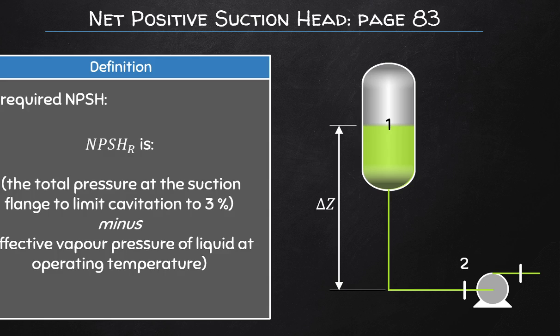So what of the requirement for a net positive suction head? I have a required net positive suction head for a pump. This is usually taken as the total pressure at the suction flange that limits cavitation to about 3% minus the effective vapor pressure of the liquid at operating conditions.